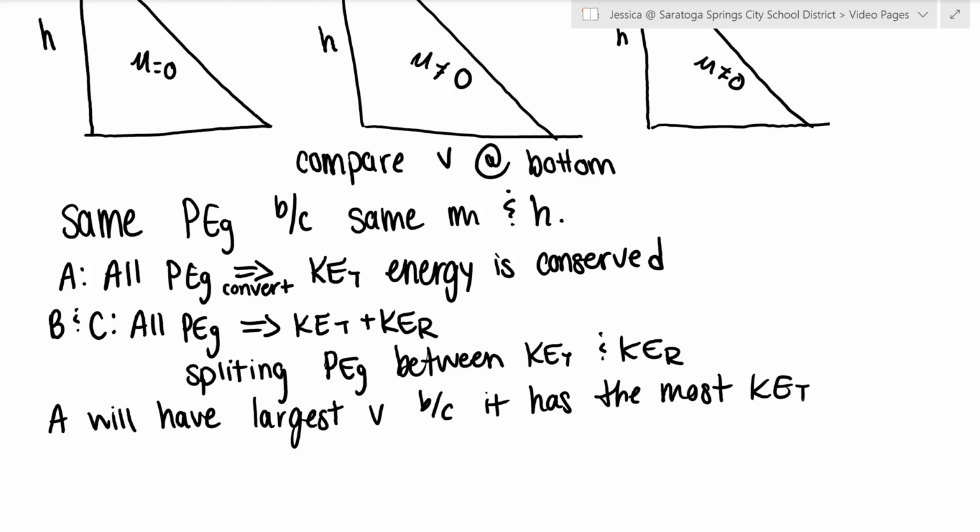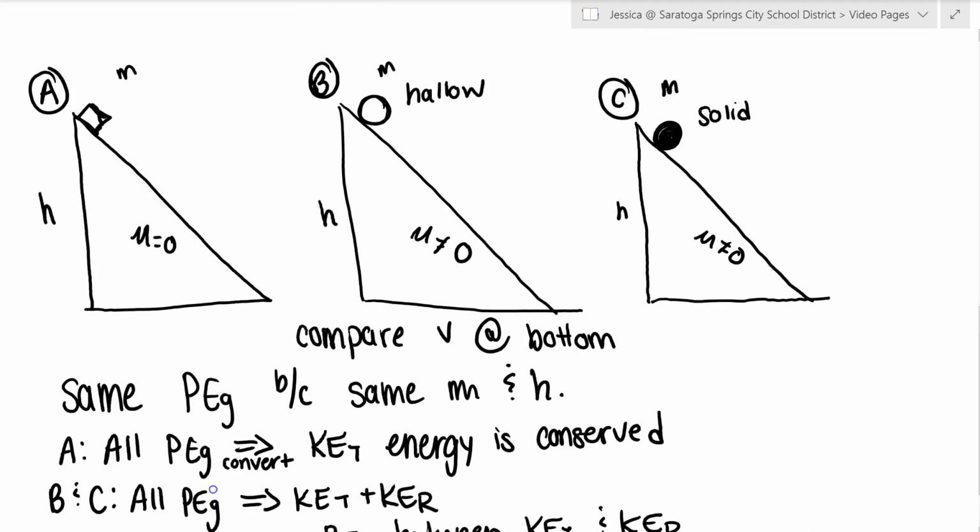Now we have to decide between B and C. And the difference between B and C is that one is hollow and one is solid. Remember, hollow objects have larger I values because the mass is distributed further from the axis of rotation.